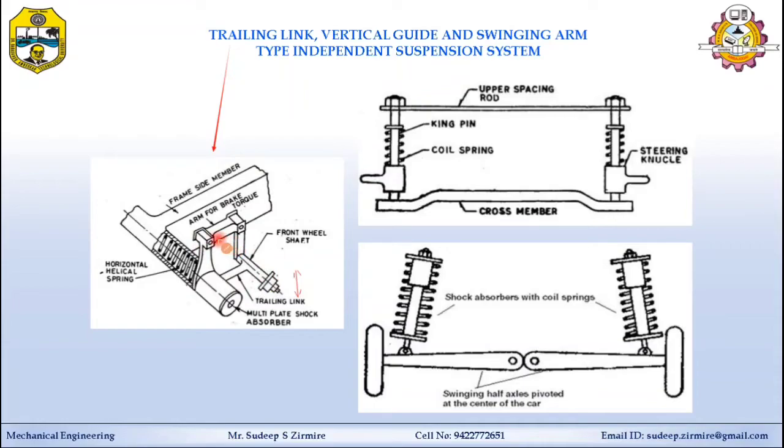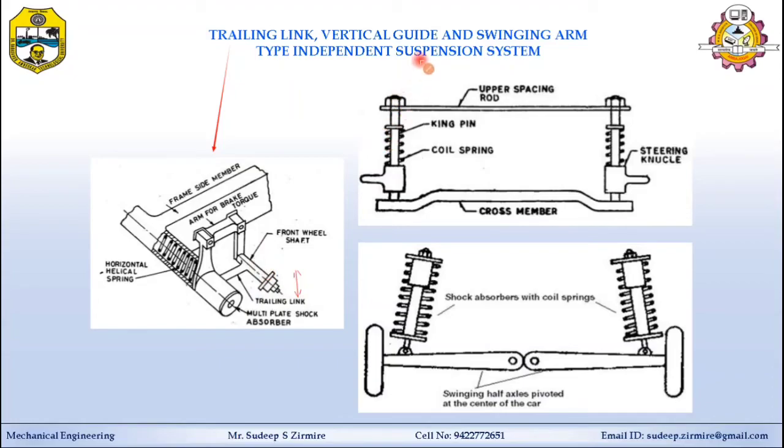It is generally used for a specific type of vehicle, because there is a difficulty: the trailing link does not maintain the camber and wheel track constant, and it also takes a lot of space. For that reason its application is limited.